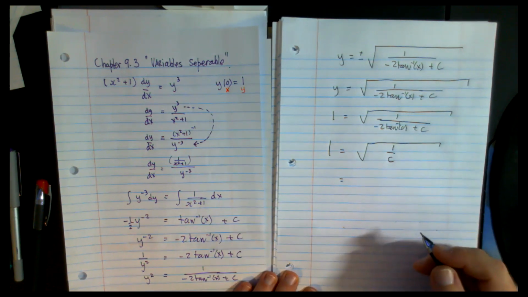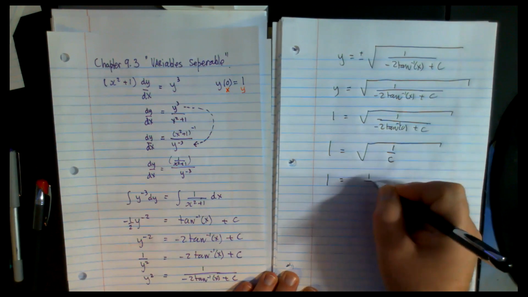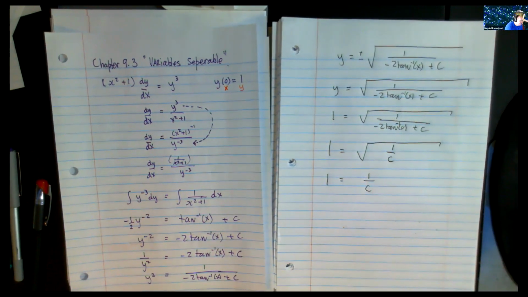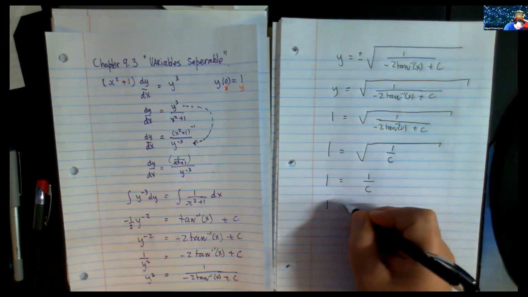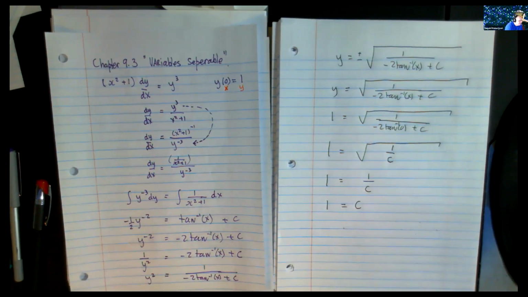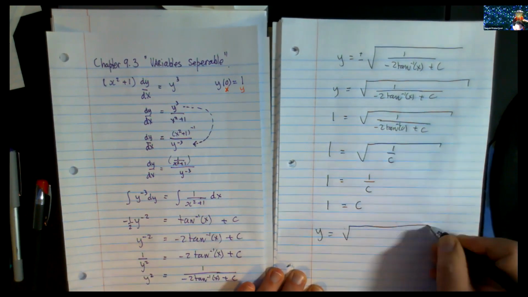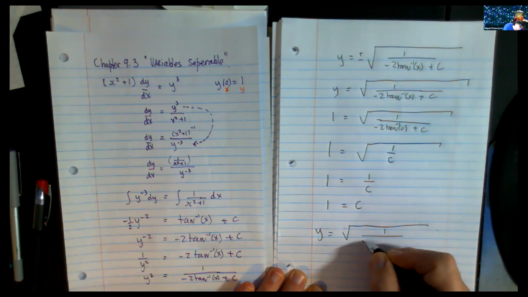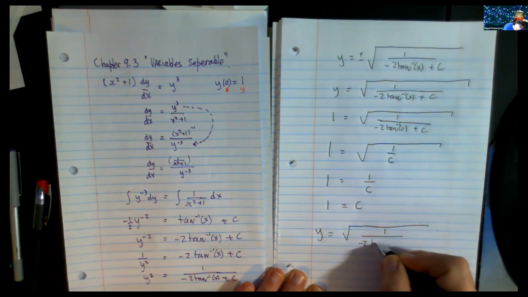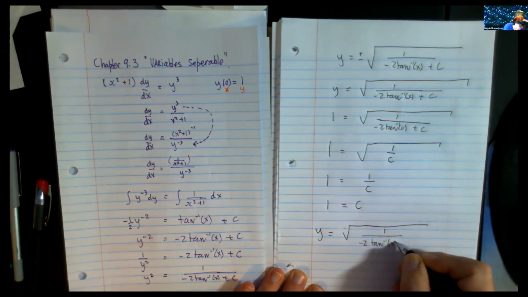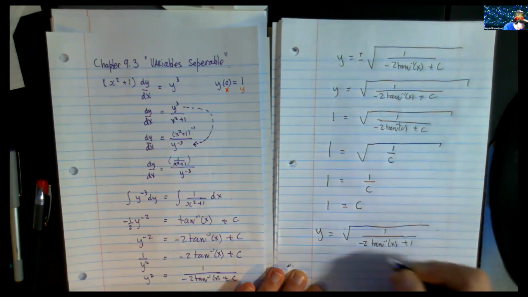Square it. And 1 squared is still 1. So that didn't do much. And I think I know what c is. You agree? Which means we now have our solution. There we go.